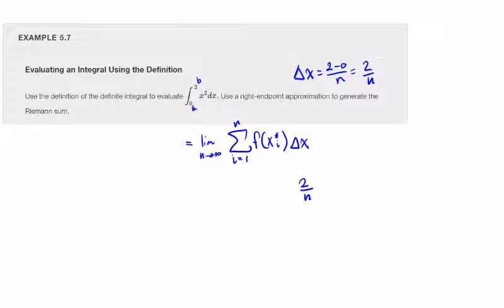All right, and so now let's find f of x sub I. Let's think about what x sub I is. Remember that if we have an interval, let's just draw this out here. So we have this function x squared, it looks like this, right? And in this case, we're going from 0 to 2, right?